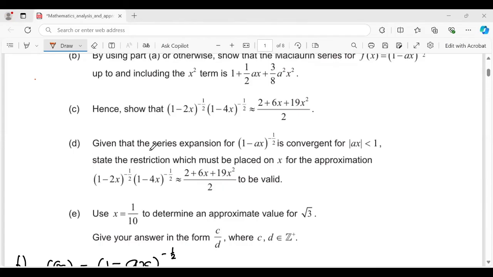Part D, given that the series expansion for 1 minus ax power minus half is convergent for ax less than 1, state the restriction which must be placed on x for the approximation of this expression to be valid.